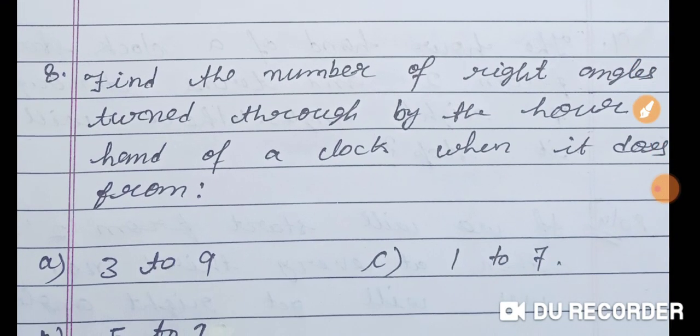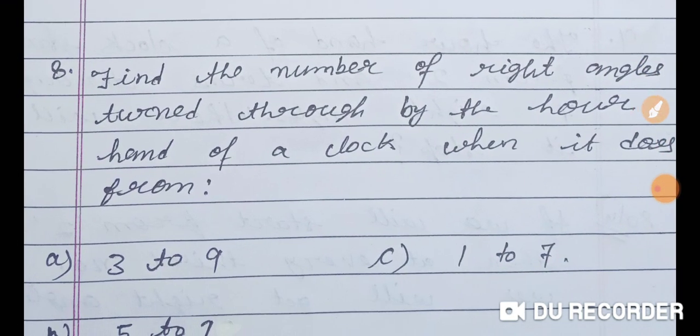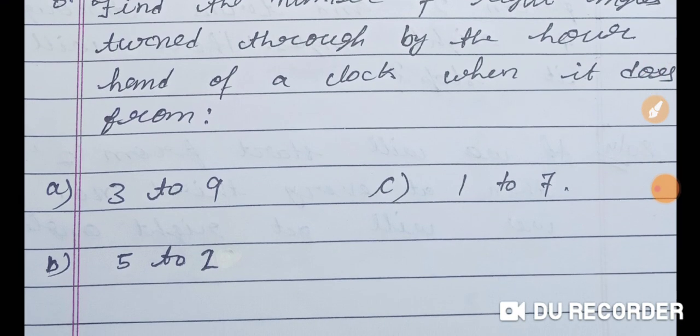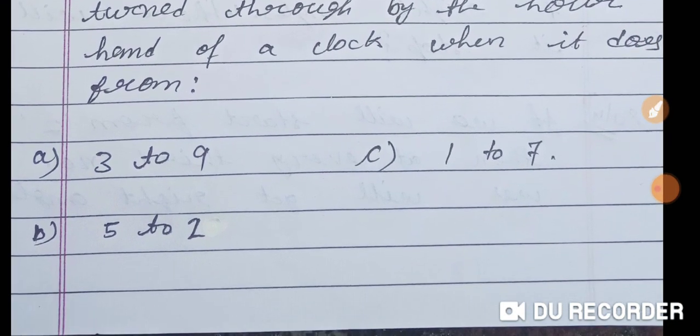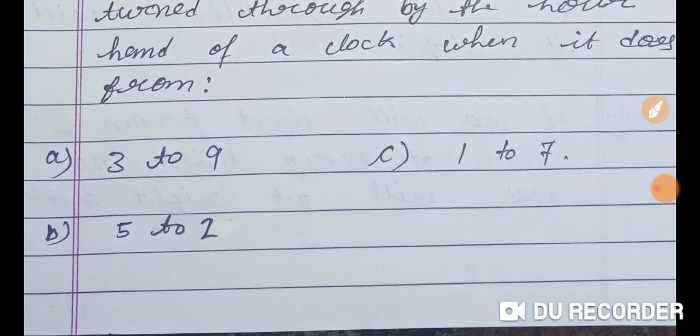Now find the number of right angles turned through by the hour hand of the clock when it goes from where to where? 3 to 9, 1 to 7, 5 to 2.